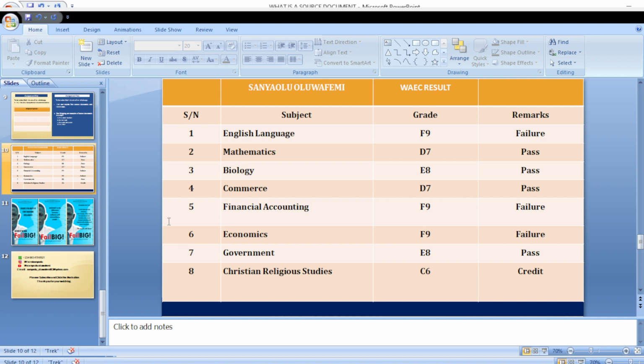So just like I normally do, this is my WAEC results, just to try to inspire you. Nothing is difficult. Failure is the ability to start again more intelligently. I had F9 in WAEC, but however, I'm here and I'm teaching, and I think I've gained a lot of experience from that failure. So don't let that stop you from trying to get to your next level.